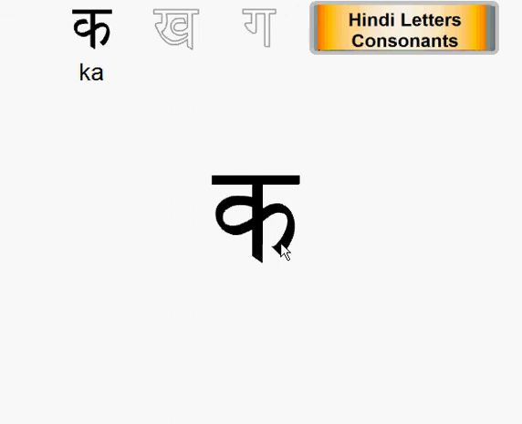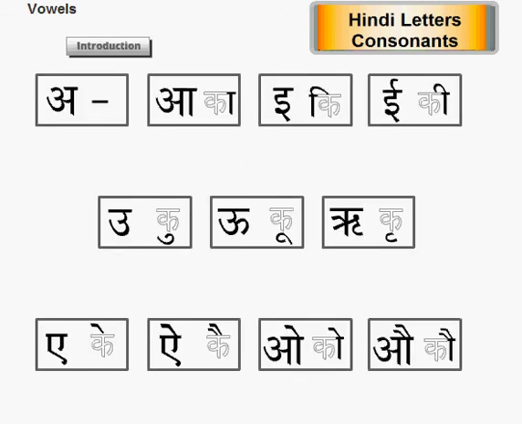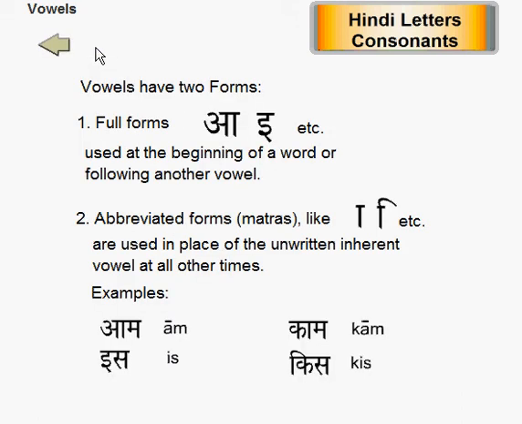Okay, so that's ka. Now we're going to go back to the vowels and look at them, and we're going to consider them one at a time. Vowels have two forms. They have the independent forms when they are shown in a word by themselves, or they have an abbreviated form when they are used along with the consonant.